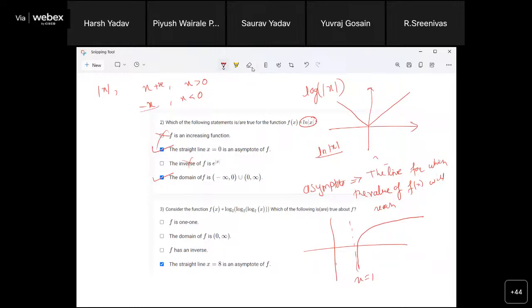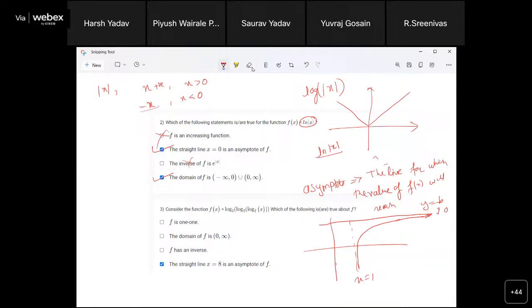Here you can see this is a vertical asymptote, and for horizontal you can draw a line like this. As I increase the value of x here, my function will tend to a particular value, say y equals b, but it will not reach that value. The distance between y equals b and this graph will tend to become 0, but will not equal 0, which means it will not touch this particular line.